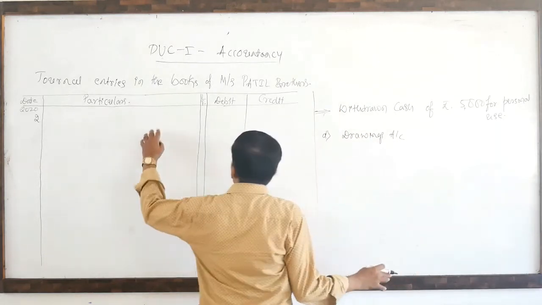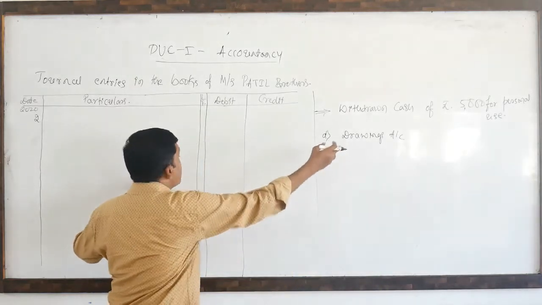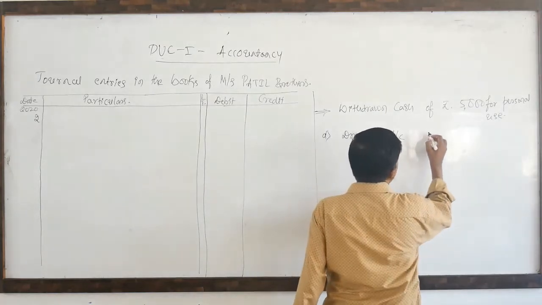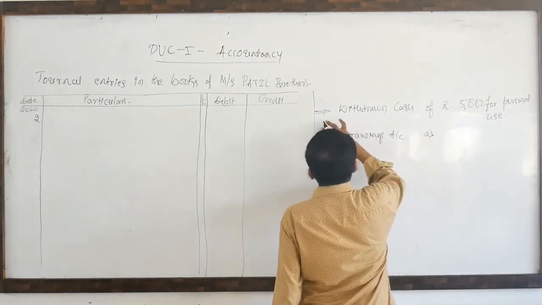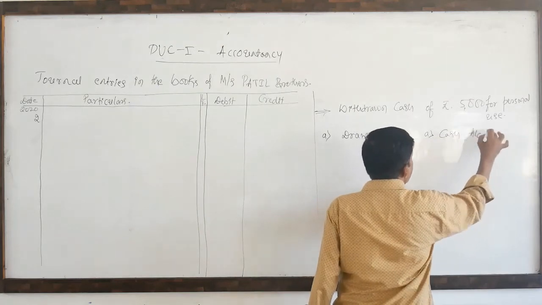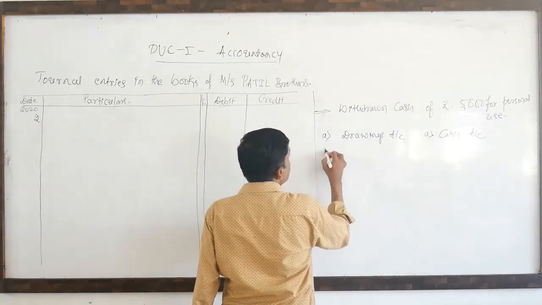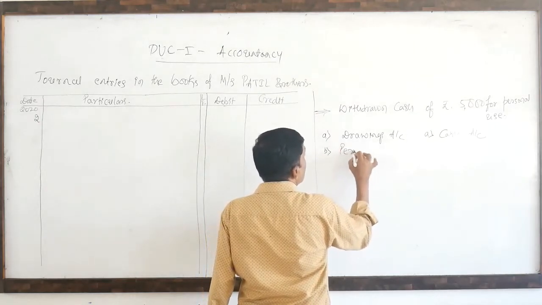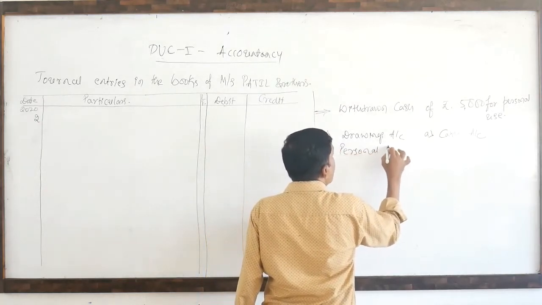While recording these journal entries, don't write these examples here. I am just showing you all. So drawings account, and one more is cash account. Drawings, the owner is the person, so personal account.